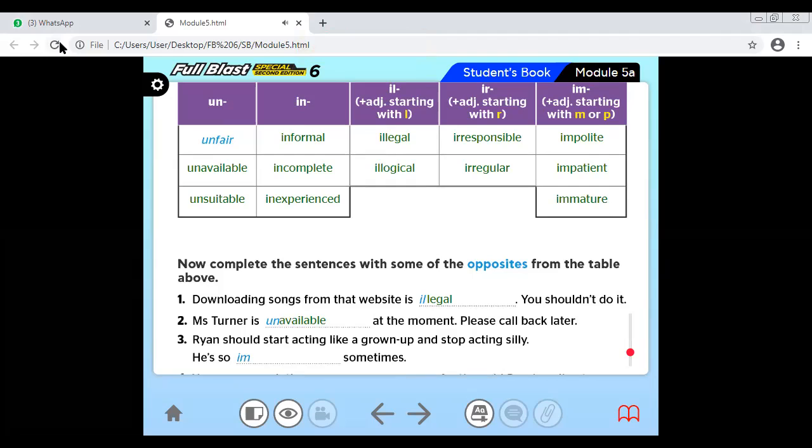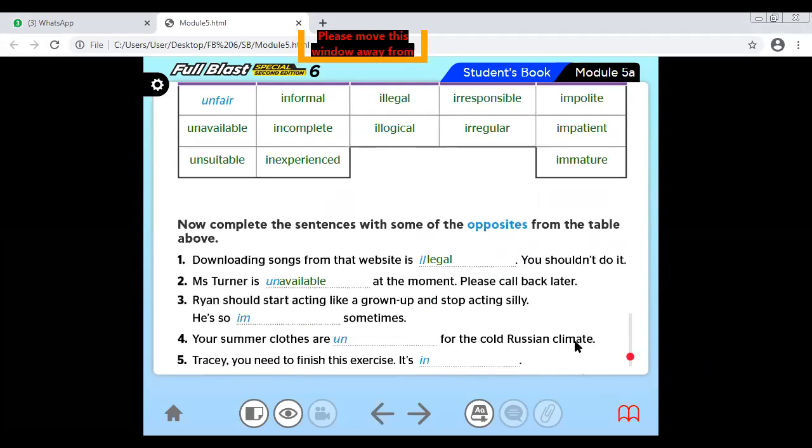Answer number 3. Hannah. Yes, Hannah. Ryan should start acting like a grown-up and stop acting silly. He is so immature sometimes.